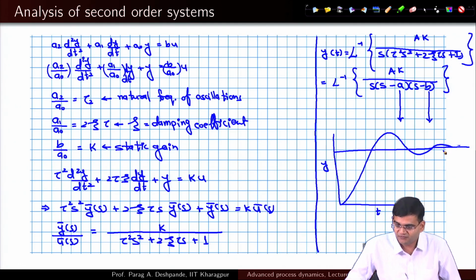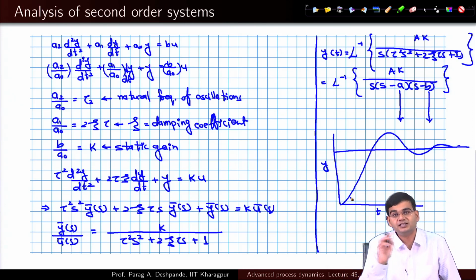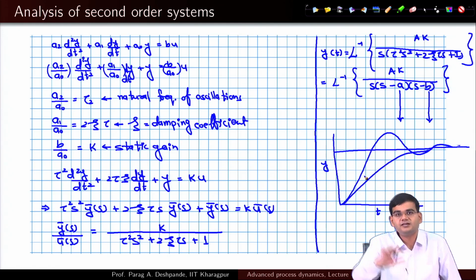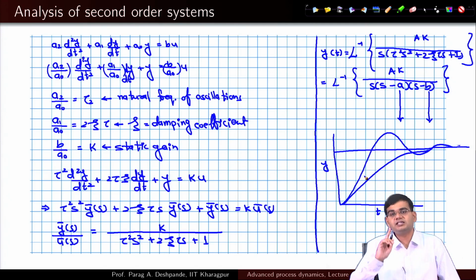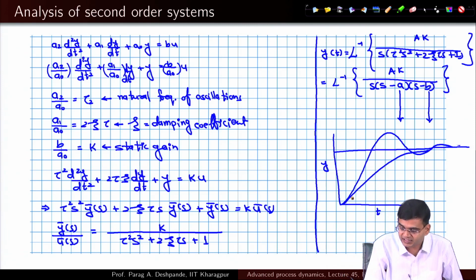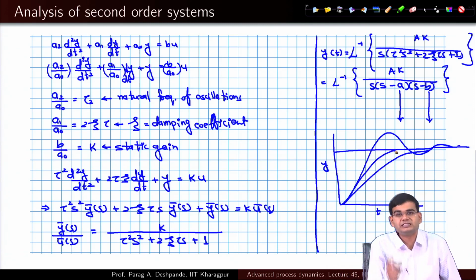When you have a system where they are purely imaginary, you will see oscillations. When they are purely real, then what will happen? In that case, with real distinct roots, you will see a monotonic behavior, and then you will see one particular case where the two roots become equal, and that is the critically damped response, and that is the fastest response that you can obtain from a system which is second order.